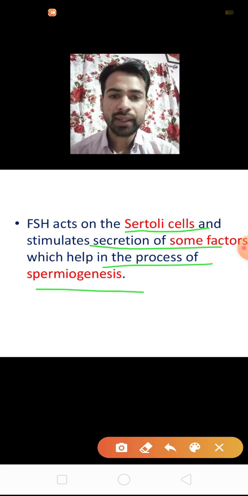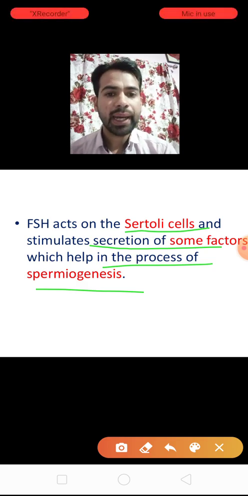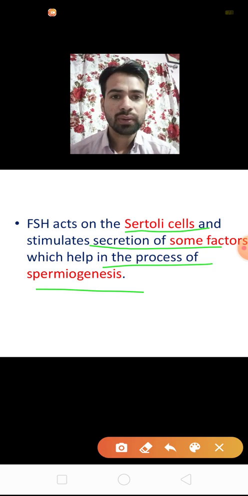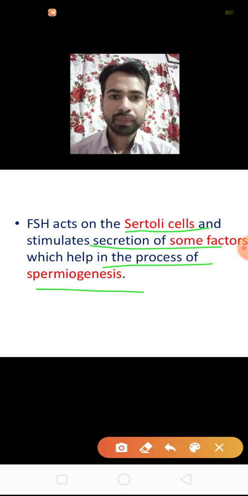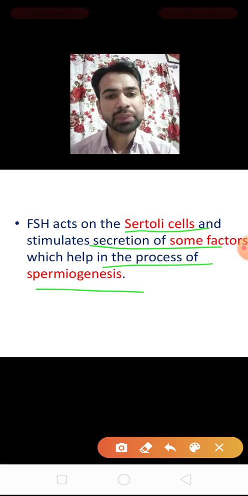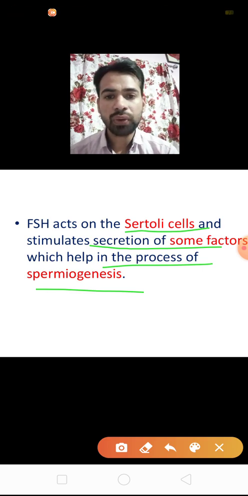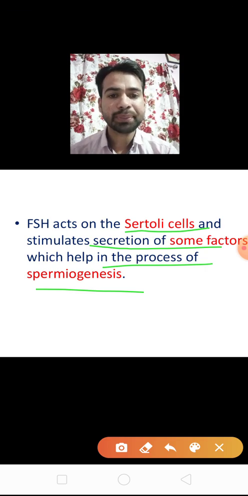Means we can say that the FSH acts on Sertoli cells and stimulates secretion of some factors, that is some enzymes or food. The Sertoli cell provides nourishment to the spermatogonia, and due to that the spermiogenesis process will begin.